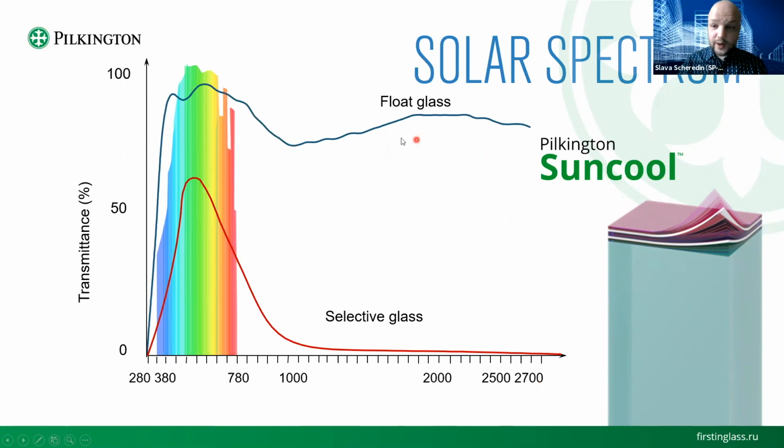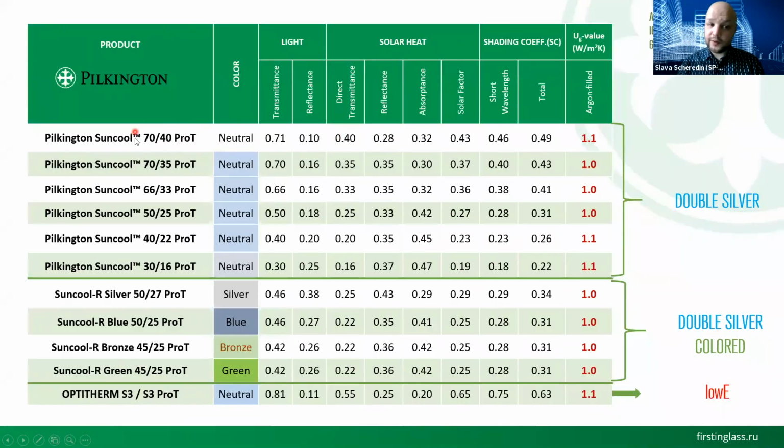Exactly why we have in our naming, in SunCool names, two different numbers. First one is again how much light transmission. Second one is solar protection. You see their difference for almost twice in most of the cases. Yeah, and that is the list of the glass that we are producing. They are all selective.